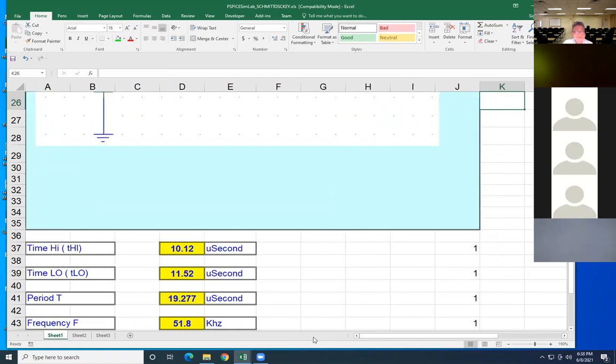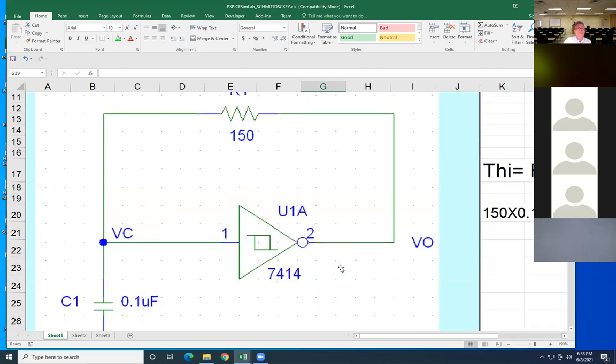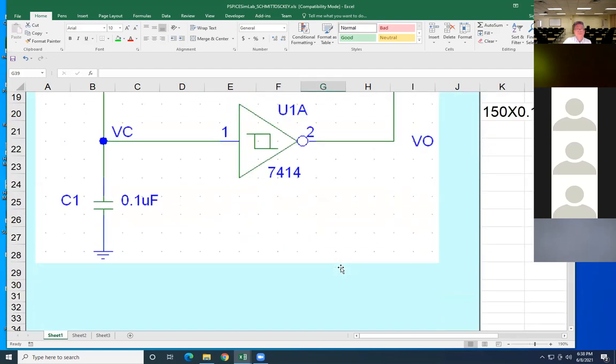No, that's good that you brought this up. So Mike, I'm going to depend on you. You and Adam, 5.87 microseconds, because I'm still trying to figure this out. Right. Now, this is assuming that... Go ahead, Mike. This is assuming VT plus is 2.75 and VT minus is 1.67.